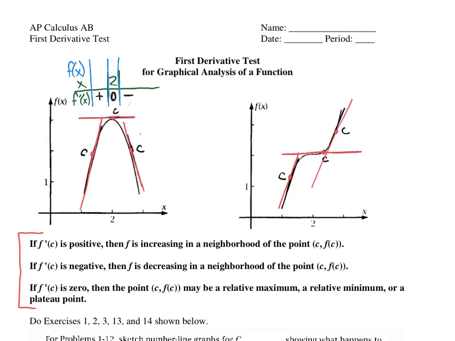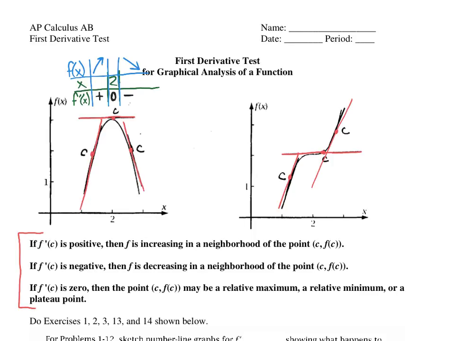So, when the derivative is positive, our function is increasing. When it is negative, it is decreasing. And what do you get between a section that's increasing and a section that's decreasing? Zero.